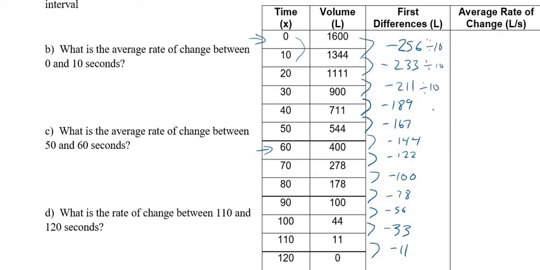And so that's going to become negative 25.6 liters per second, negative 23.3 liters per second, negative 21.1 liters per second, negative 18.9 liters per second, and so on and so forth.